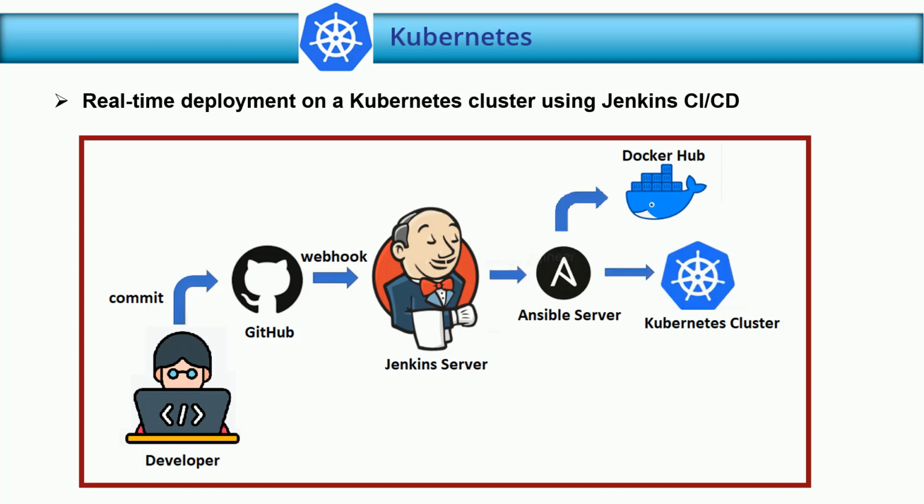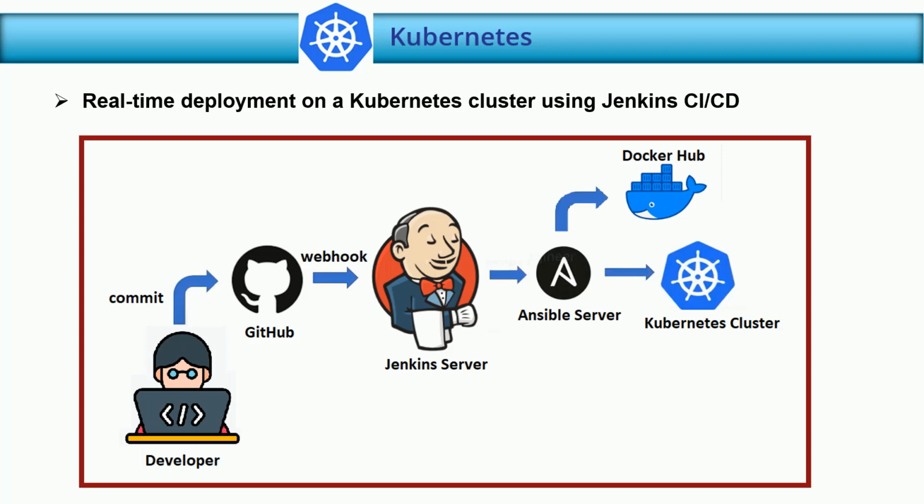So here you need to create an account on Docker Hub, and with the command, I will show you what the command is and how we can integrate your Ansible server with Docker Hub. So everything I'm going to perform from the Jenkins server only. In the next stage, we need to send a few files from the Jenkins server to the Kubernetes server, like your deployment file, your service file, and also we have created one file, that is the Ansible file.